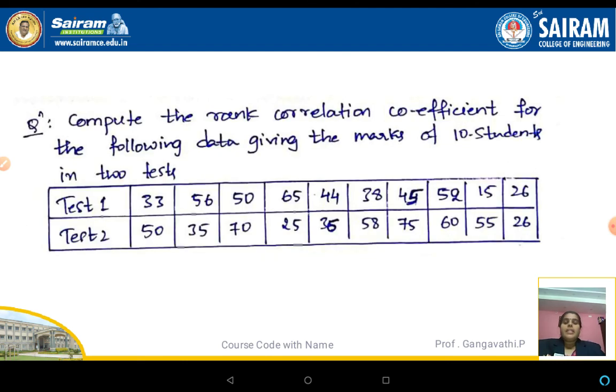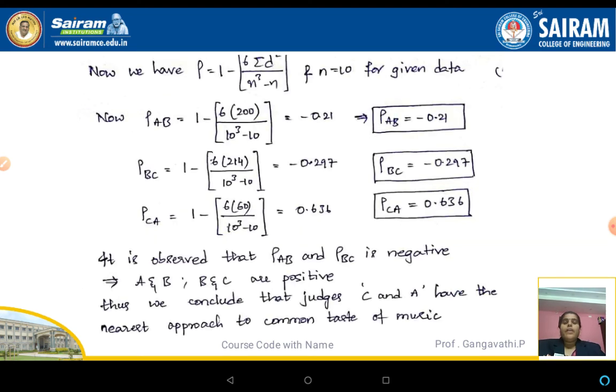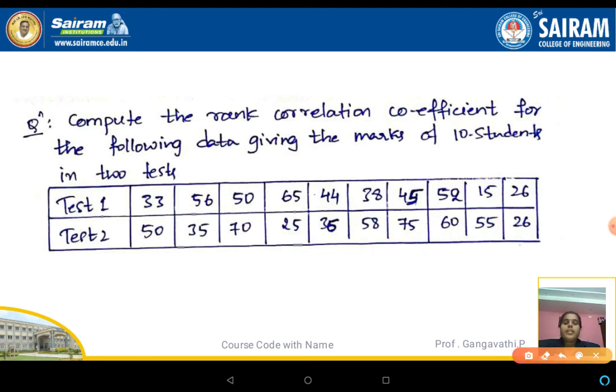So let us see another example. Compute the rank correlation coefficient for the following data, giving the marks of 10 students in two tests, test 1 and test 2. The test 1 marks of the 10 students are 33, 56, 50, 65, 44, 38, 45, 52, 15 and 26.